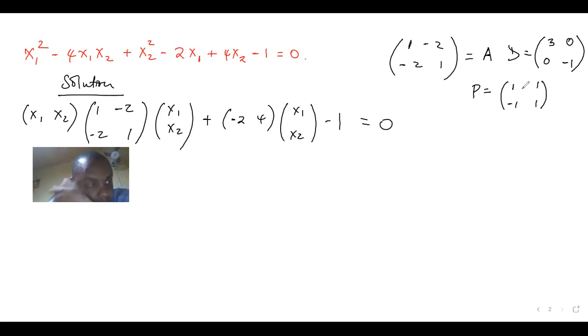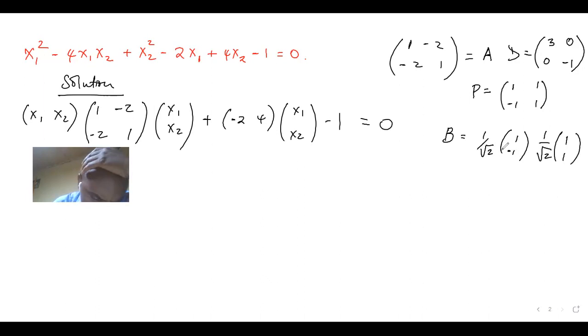Yes, 8934. And so we are getting the orthogonal basis for P, right? One over root 2 times 1, 1, and 1 over root 2 times 1, -1.